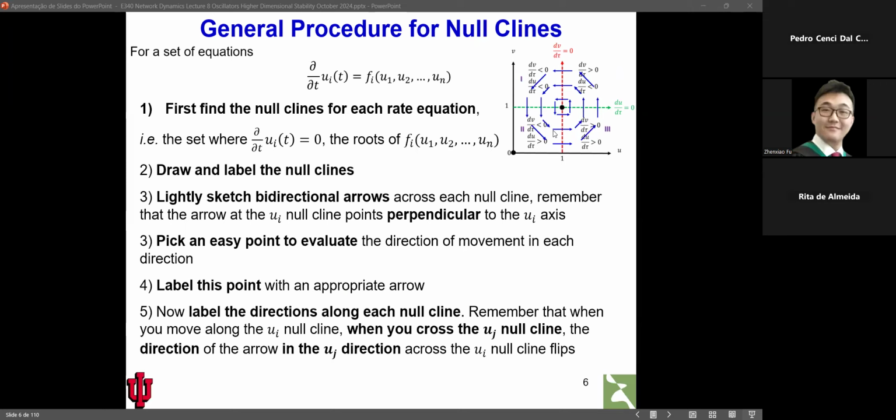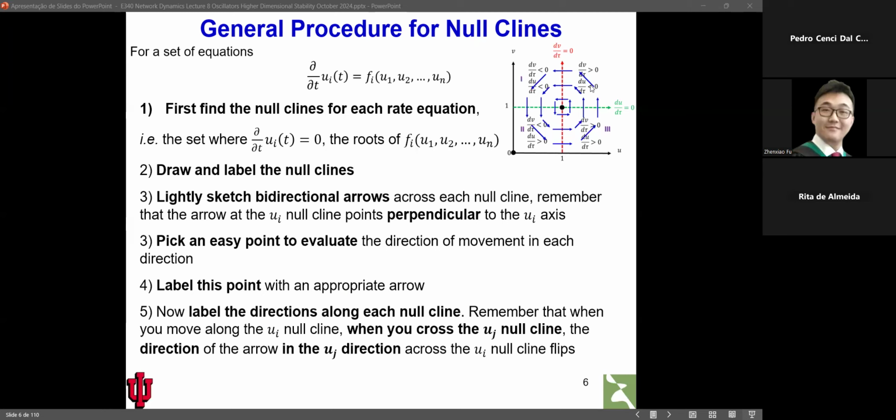You see that it's not perpendicular to the nullcline, it's perpendicular to the axis that it corresponds to. Okay, then draw and label the nullclines, then lightly sketch bidirectional arrows on each nullcline, remembering that the arrow at the u nullcline points perpendicular to the u-axis, and the v nullcline does the same.